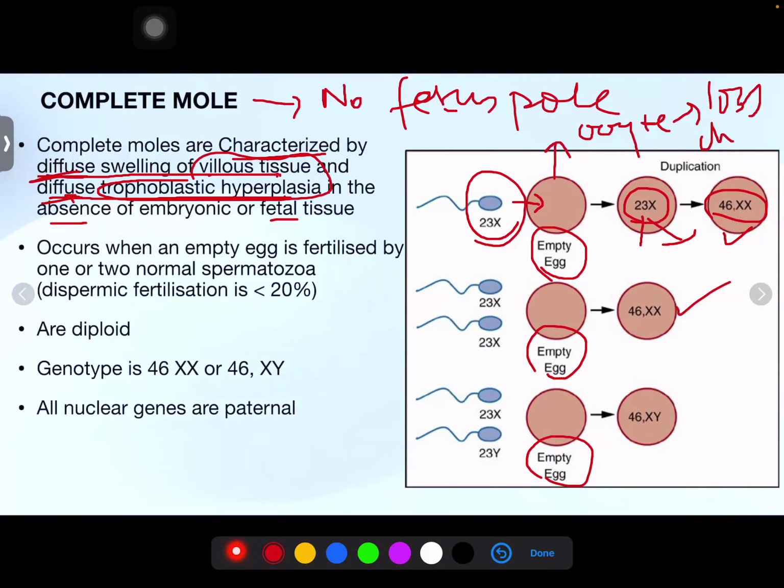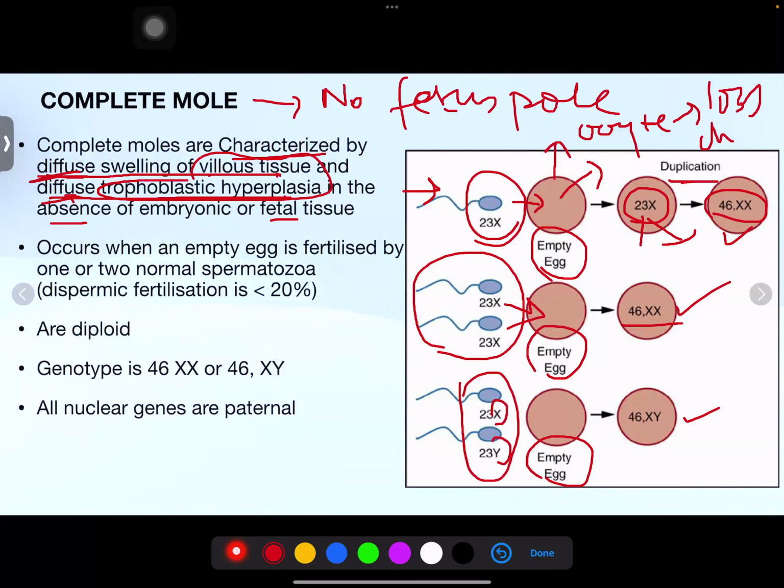See again 46XX and see 46XY, which is a male karyotype. But the problem here is that no maternal genetic material is present. So if one sperm enters an empty egg, it duplicates. There's also a possibility that two sperms go into an empty egg and form 46XX, or two sperms, one with X and one with Y, form a 46XY.